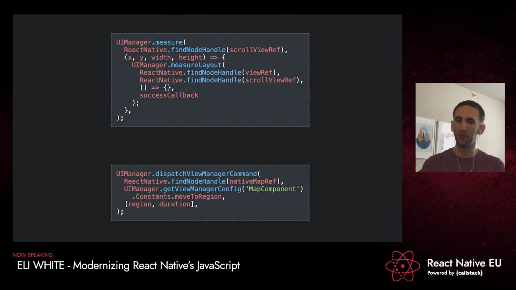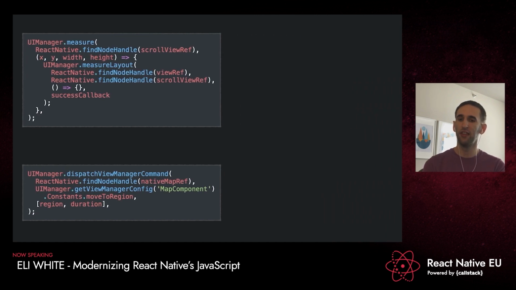One of the problems with dispatch view manager command and these UI manager measure calls in general is that they're completely untyped. For view manager commands, the arguments to this method are in this array as that last argument, the region and duration. And there's nothing ensuring that those are type safe and consistent with the map component or move to region. You can put anything there that you want.